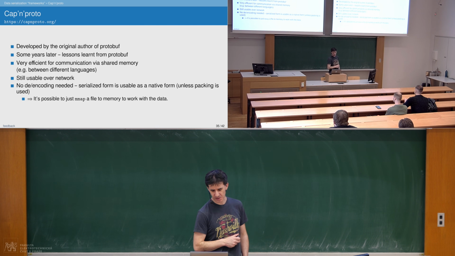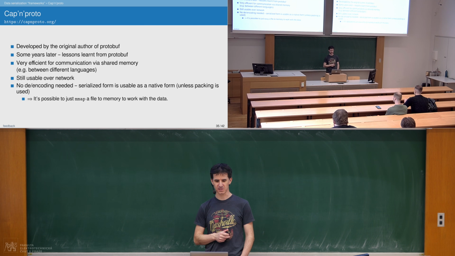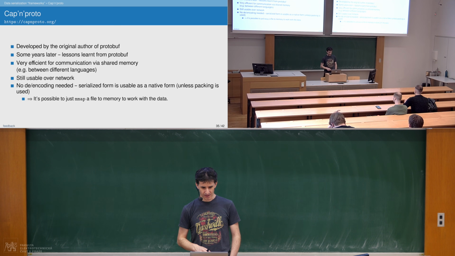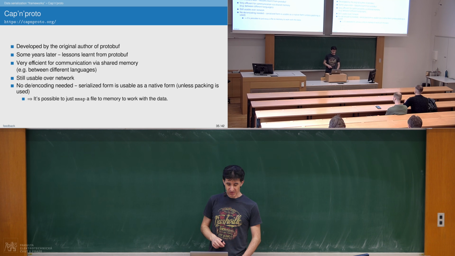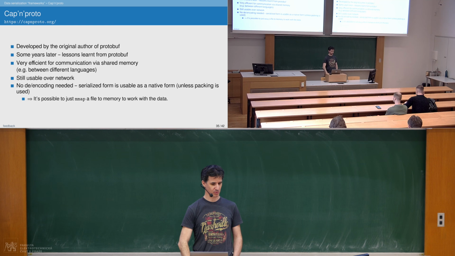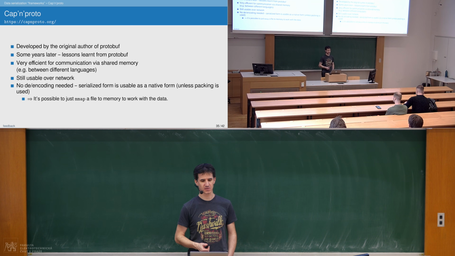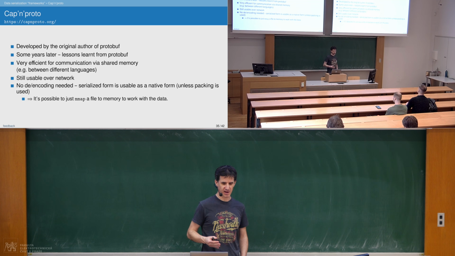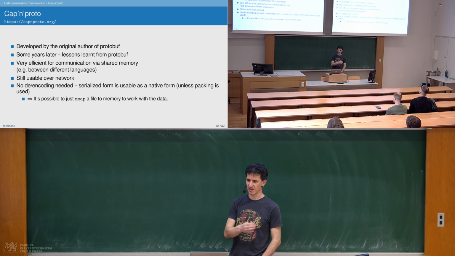But there is some kind of optimization behind the scenes, so it's still usable over the network and so on. So for certain applications, Cap'n Proto is very, very efficient. It can be almost as fast as this raw memory thing that I have mentioned before.